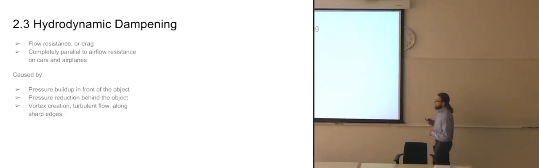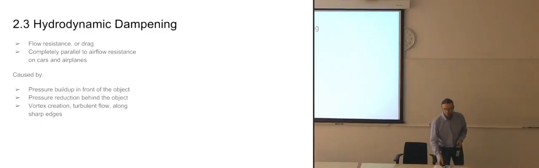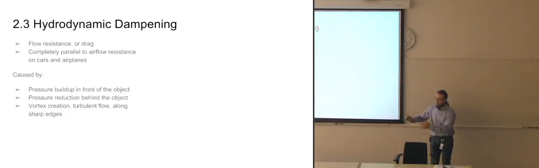It can be especially negative with these vortex creations if you are moving something back and forth in the water, because then you will constantly be moving it into an area where you've just created a lot of vortexes. So if you're moving an ROV back and forth, it's going to be moving into turbulent waters all the time.